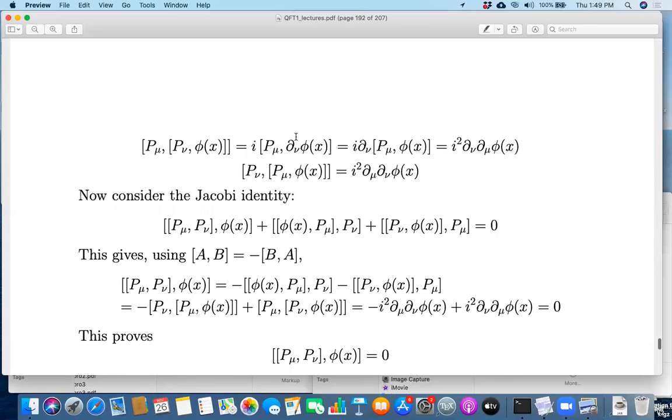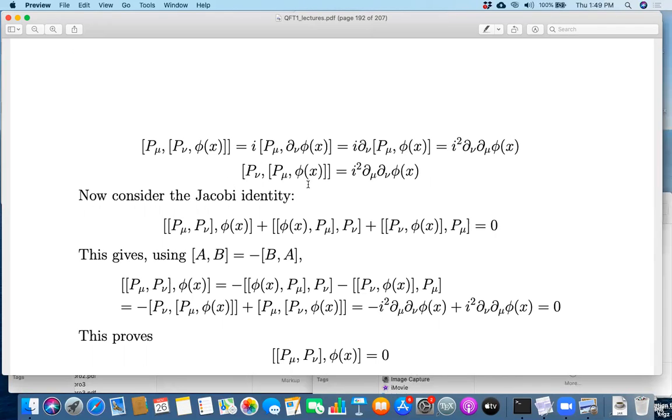So you can take this derivative outside this commutator. So you can write this as I times the derivative of the commutator of P mu with phi x. And now this commutator, again, I can write as I times the derivative of phi x. So that gives I squared times the double derivative of phi.